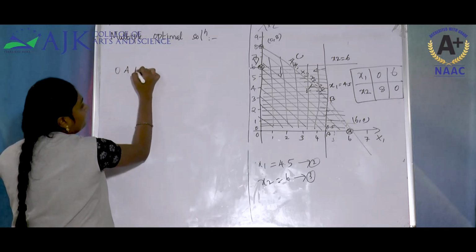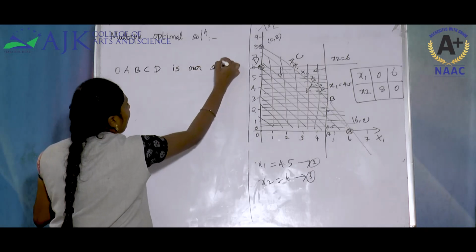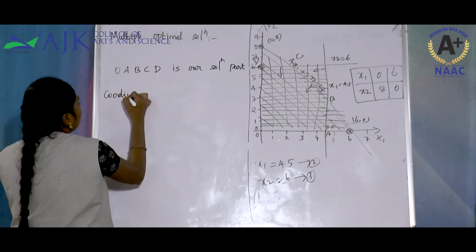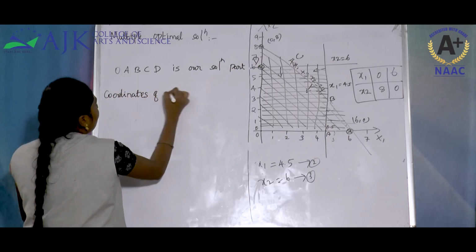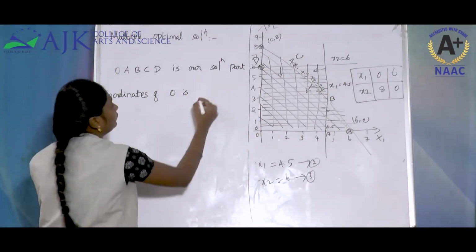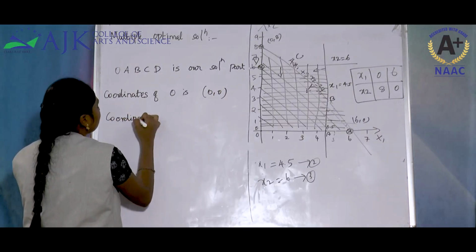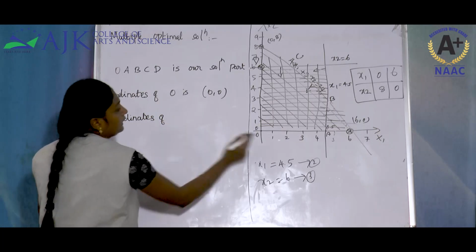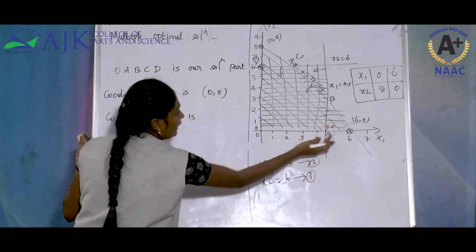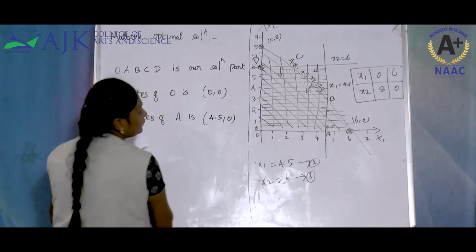So O, A, B, C, D is our solution space. The coordinate of O is 0, 0. The coordinate of A is x1 equal to 4.5 and x2 equal to 0, so 4.5, 0.